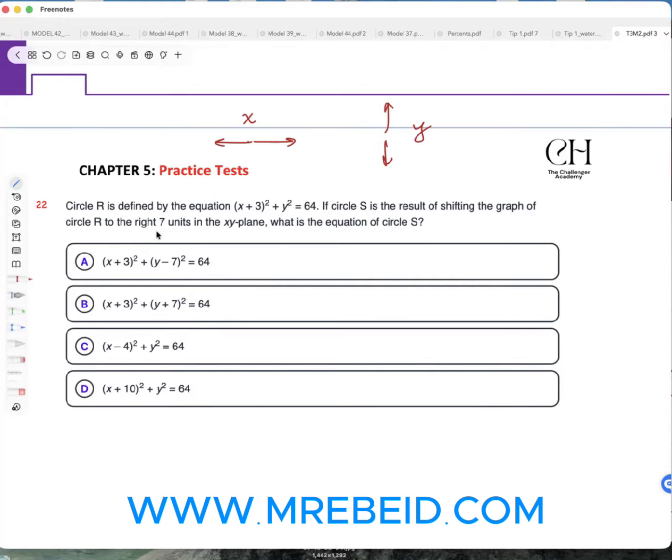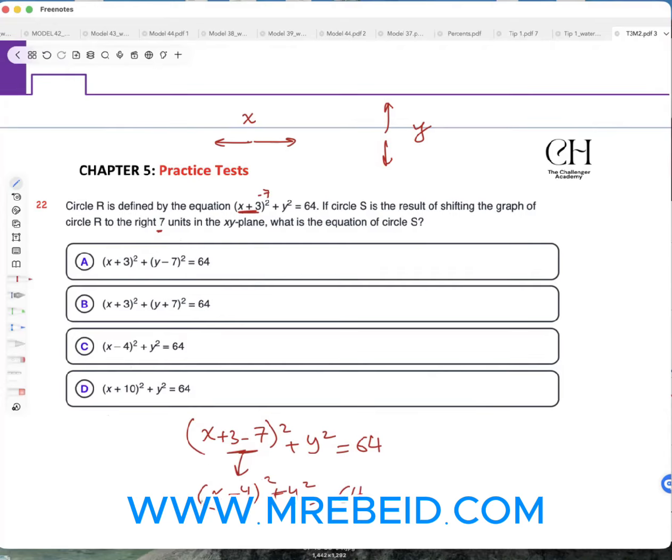We'll shift the graph 7 units to the right. So 7 units in the positive direction means that you'll subtract 7 inside the parenthesis. So it will be (x plus 3 minus 7) squared plus y squared equals 64. Now 3 minus 7 is negative 4, so (x minus 4) squared plus y squared equals 64, and this is the answer.